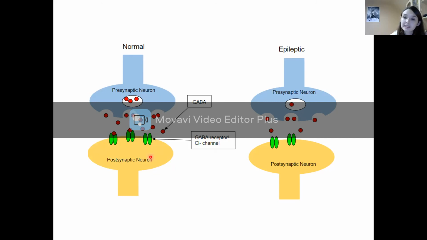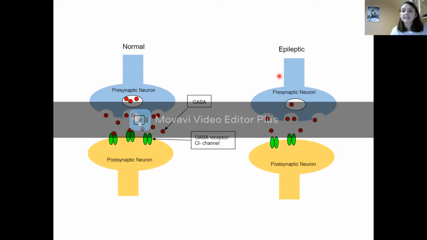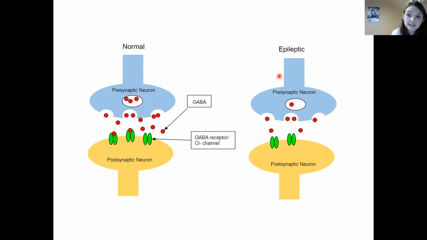But in a condition of epilepsy, when a person has seizures, in the central nervous system, mainly in the cerebral cortex, the excitatory process will be increased. And this excitation, which will spread along other synapses and other neurons, will not be inhibited.